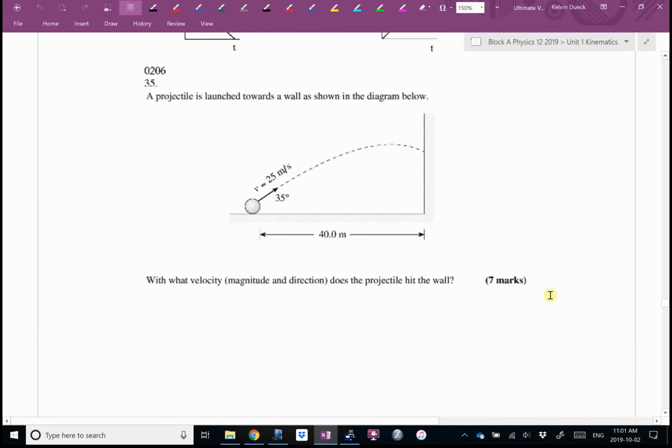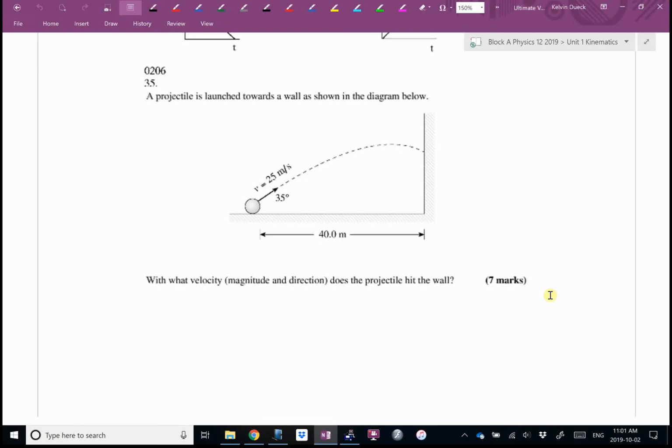If you want to turn to number 35. This was from the June 2002 provincial exam. 02 is the year, 06 is the month. Number 35, Sam, you'll get there. Near the end.